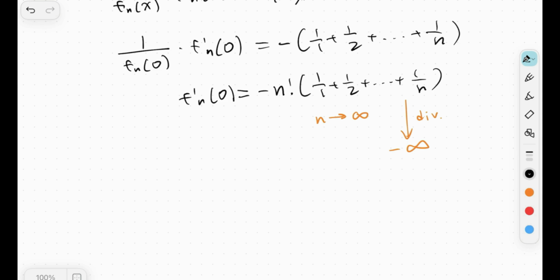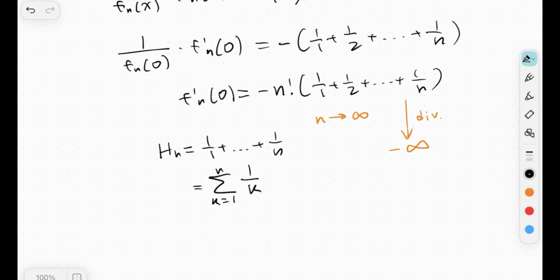Now, in case you were confused on what I meant by the harmonic series for this sum, essentially, the harmonic series is defined by h sub n equal to 1 over 1 plus all the way to 1 over n. Or you can write it in summation notation, right?